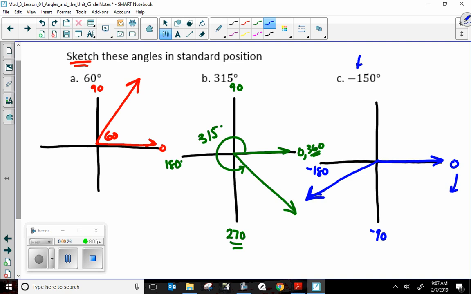So all you have to do is make it closer to 180 than 90. Don't put it right on 180, because that would be 180 degrees. So that's negative 150 degrees. It's not crazy. It's not difficult. It's actually, dare I say the word, fun. Anyways, let's move forward.